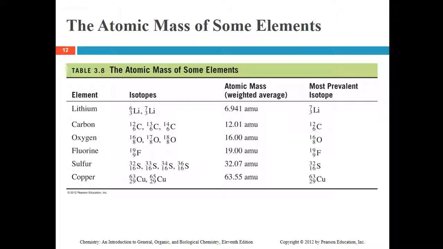Well, the most prevalent isotope is going to be isotope 7. Why? Because this 6.9 is really close. So, in other words, don't get hung up on all the little decimal places afterwards. For this class, you're going to, for the most part, use the whole number later on for our math. If it's really close or in the middle, then we'll go ahead and use this. But there we go. Hopefully that helps you understand isotopes.